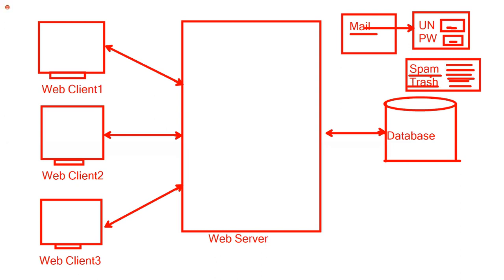Spam, trash. If any bulk mails come, they go into the spam box, and that is also artificial intelligence. Whenever a mail comes, it has to be placed in either the inbox or spam, and the system decides. How does it decide? If that mail is forwarded to hundreds of people, it is placed in spam. If that mail came one by one only, it is placed in the inbox.